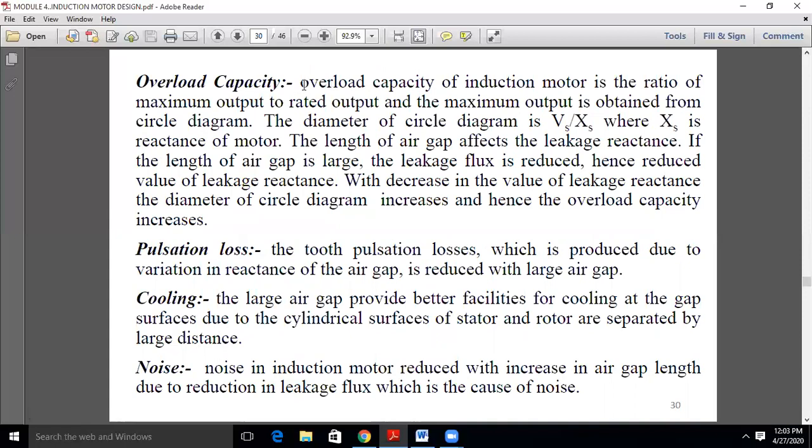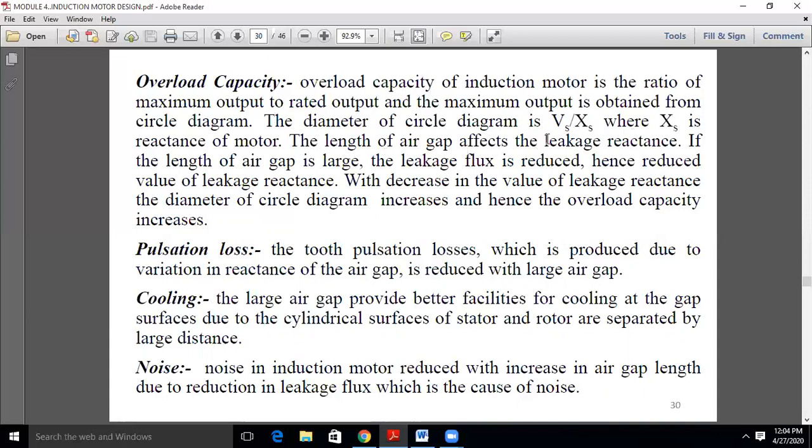But second is overload capacity. As the air gap increases, the overload capacity of the induction motor is also affected. Overload capacity of an induction motor is the ratio of maximum output to rated output, and the maximum output is obtained from the circle diagram. The diameter of the circle diagram is Vs divided by Xs, where Xs is the reactance of the motor, and the length of air gap affects the leakage reactance.